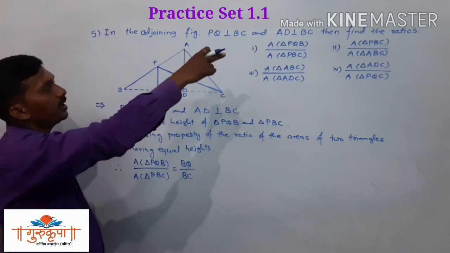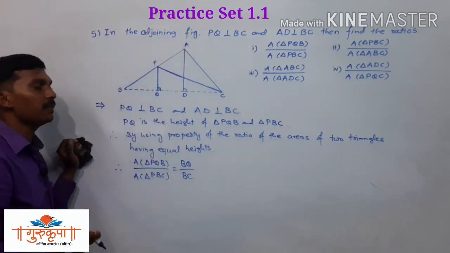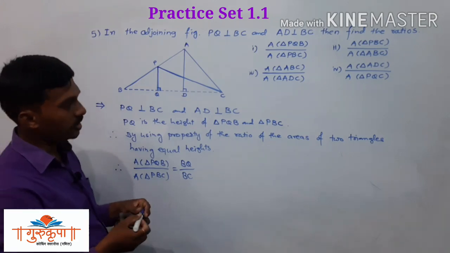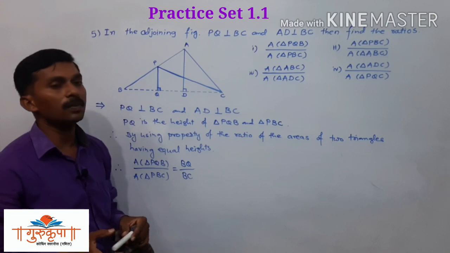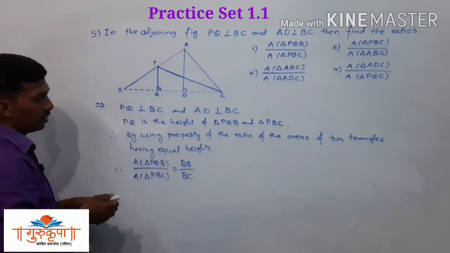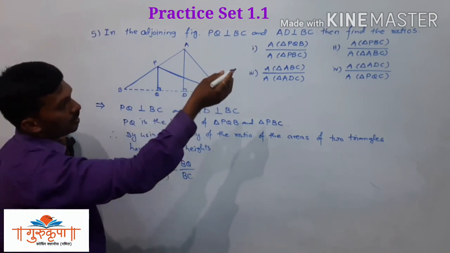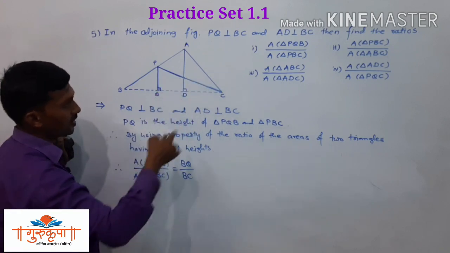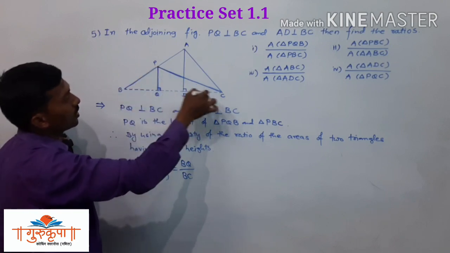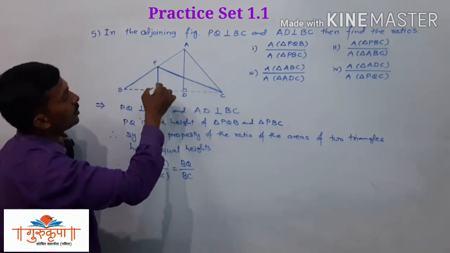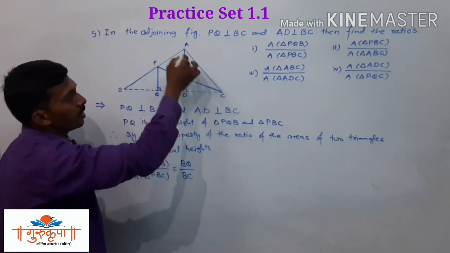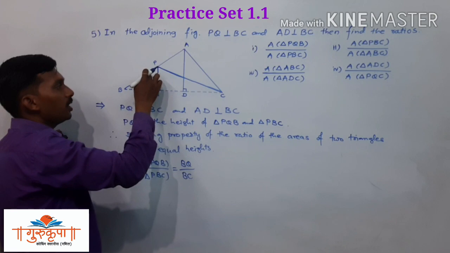Now we have to find the second ratio, that is area of triangle PBC upon area of triangle ABC. So we will write the names of the triangles, PBC and ABC.